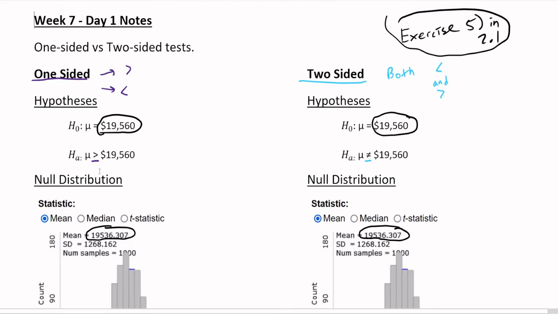In the one-sided test, it can go all towards the one side, the alternative. But on the two-sided test, that same evidence, that same x bar, which is our sample, only has to do one side of work for the one-sided test. On the two-sided test, that same evidence needs to show you both less than and also greater than.